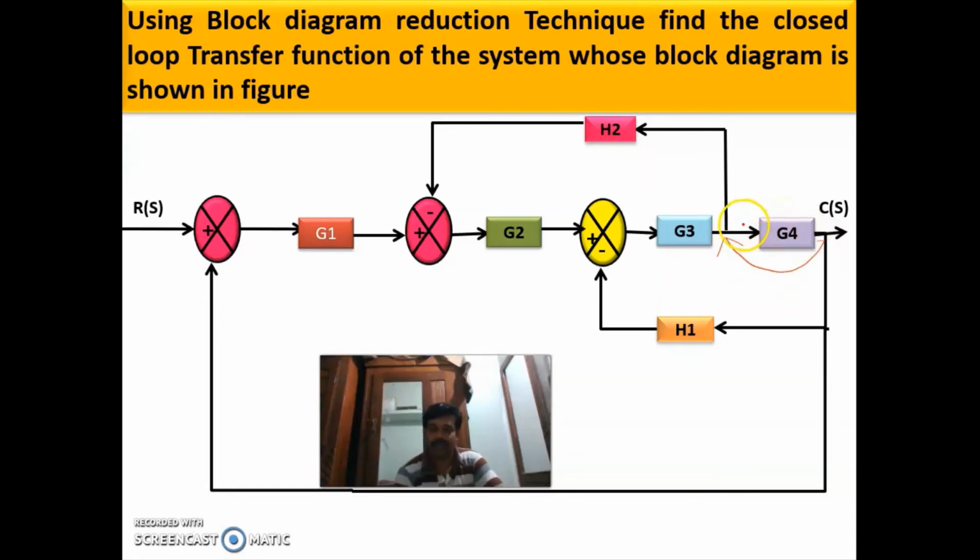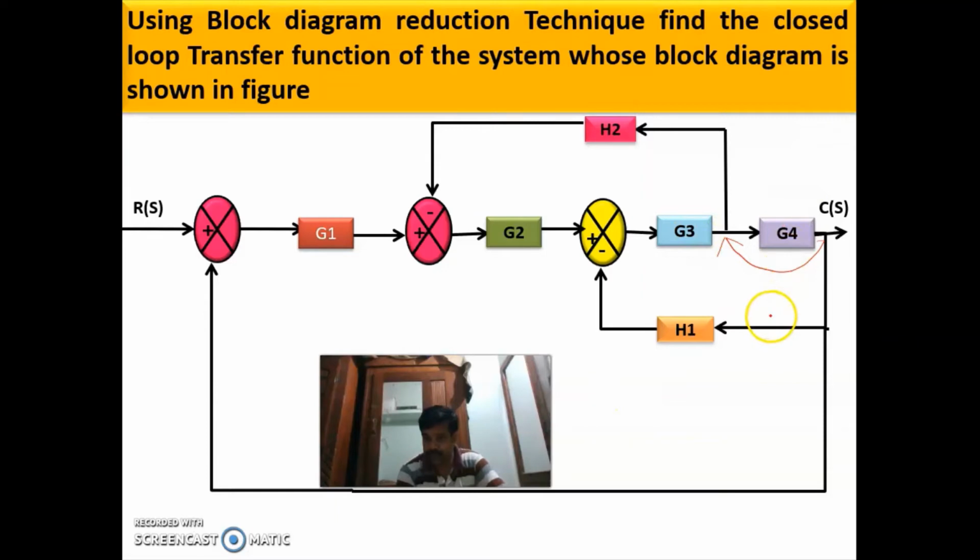Please listen. When the branch point is here, the signal through G4 will be coming to H1 and to this unity feedback path.